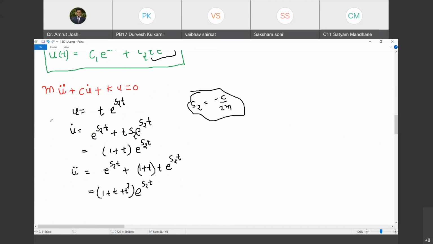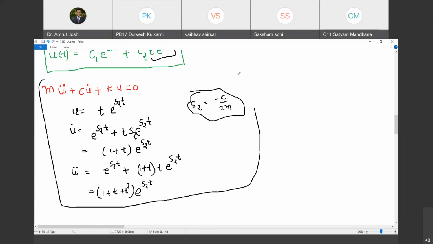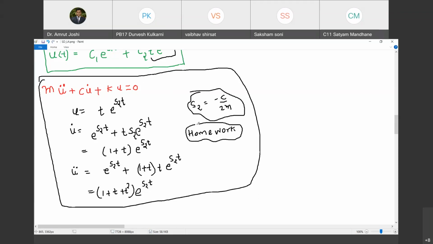You will see that this differential equation will be satisfied. Are you with me? Yes, sir. You will get the value as 0. I encourage you to do this exercise. So this is a homework. Are you with me? Yes, sir.